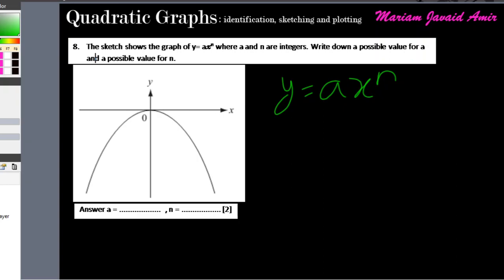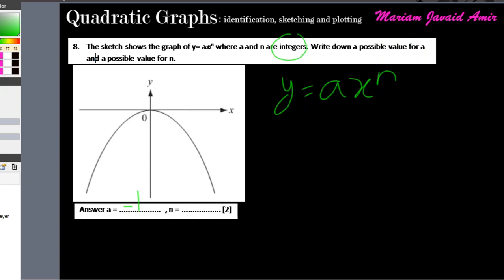All you need to do is find a possible value of a. Now notice that the graph is inverted U shape, so a has to be a negative value. The coefficient of x will be negative, so write any negative value. I'm writing -1, -2, -3 would work as well, as long as it's an integer. Keep that in mind.